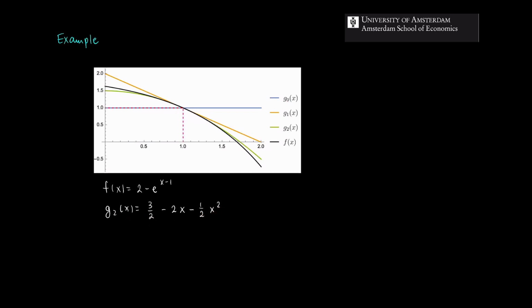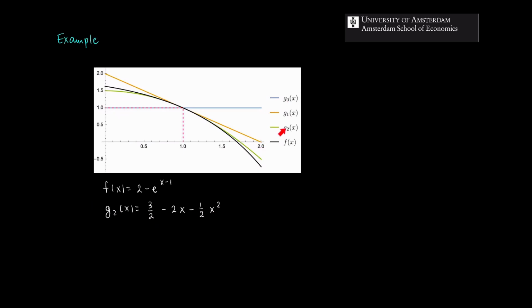Then what we see is that g0 is only intersecting the graph of f. g1 is also tangent to the order 1 with the graph of f.